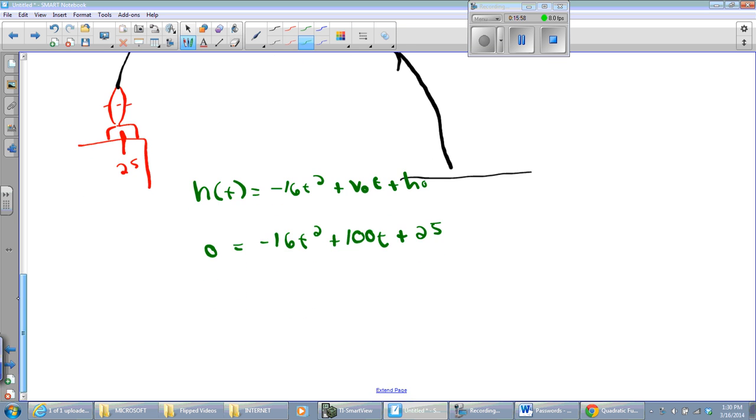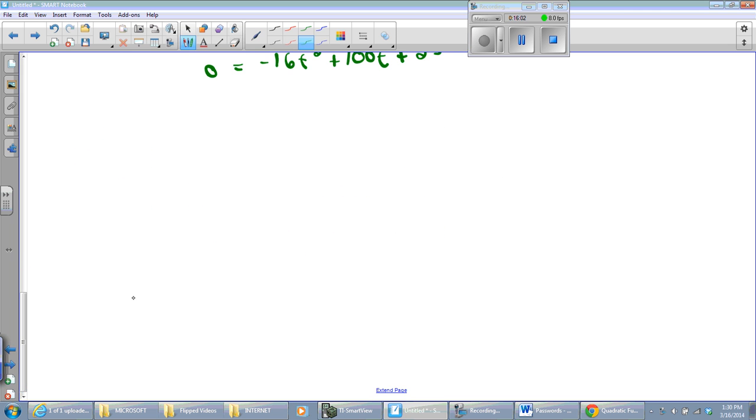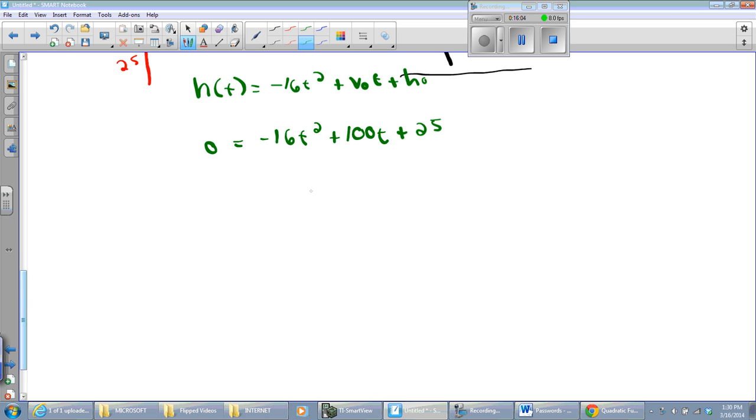Now, by the way, if you end up with a perfect square trinomial or something like that, this is not one, but if you ended up with one, you could factor this. All right, so I'm going to go a, b, c, easy as negative 16, 100, 25, and so I'm going to go to my quadratic formula.